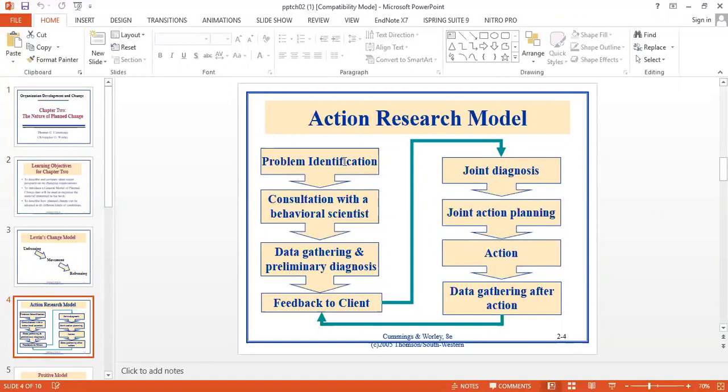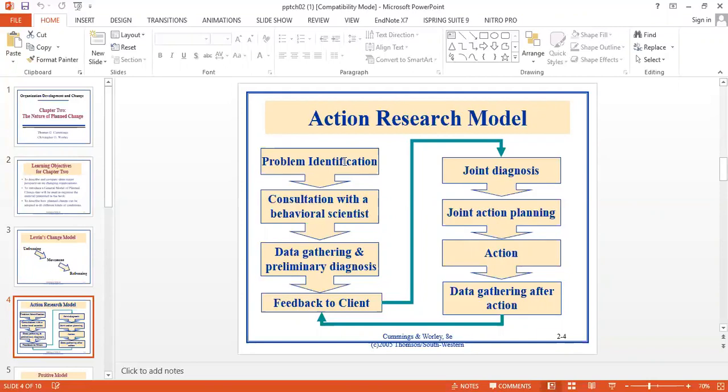The second thing is consultation with the behavioral scientists. What do you mean by behavioral scientists? These are the consultants who practice organizational development, professional consultants who provide facilitation in IT related problems, business related applications, training, construction, buildings, and so many things.